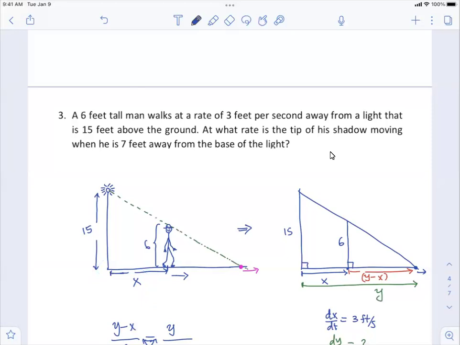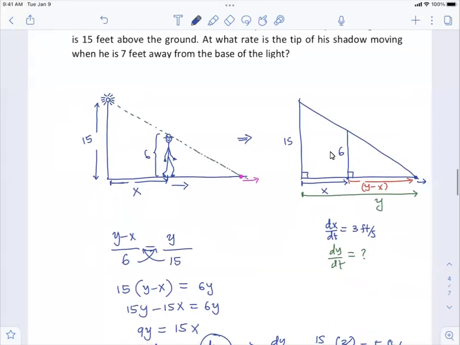And then we need to see how fast this point is moving away from the base of the light pole. To recognize it, we will have another variable employed, variable y, to indicate that.